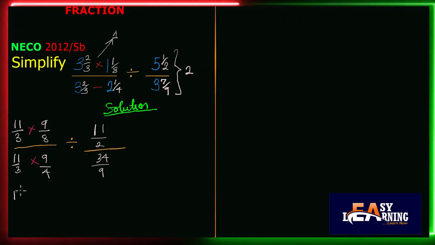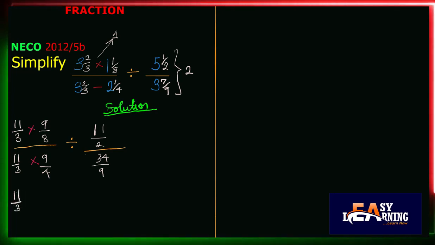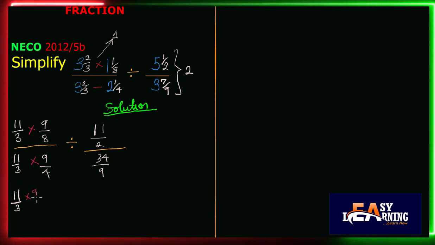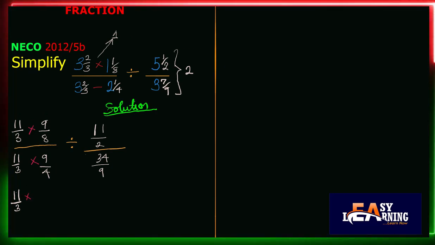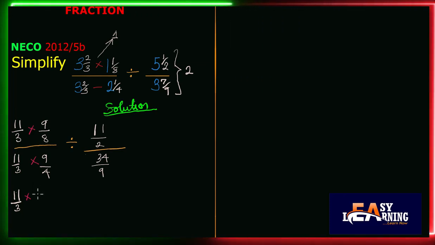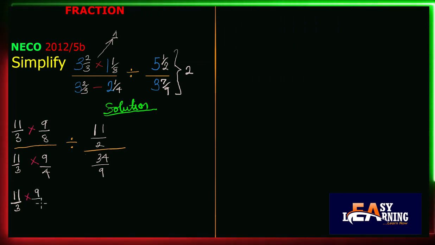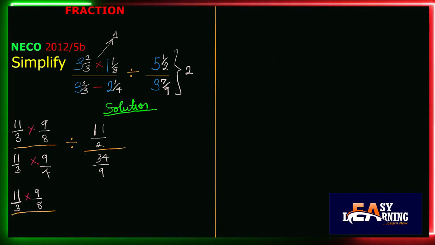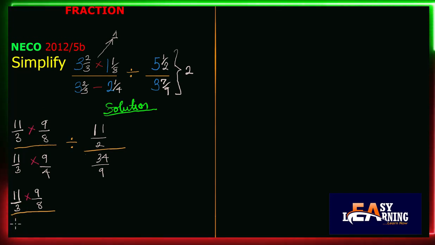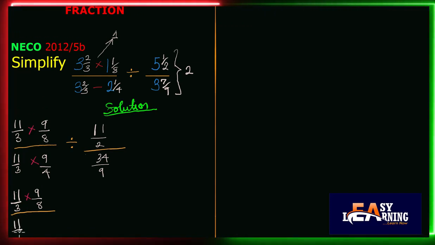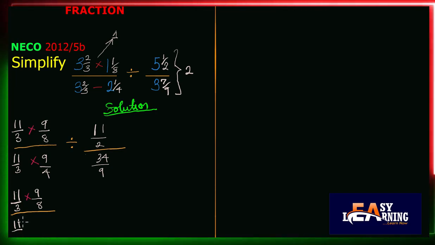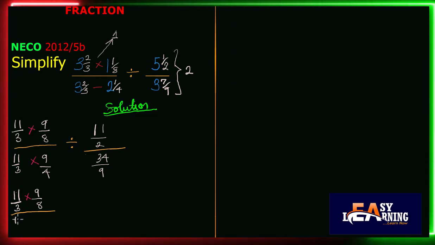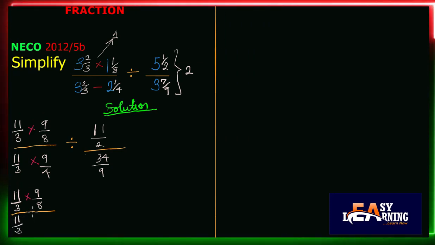The mixed fractions. 11 over 3 times 9 over 8, and then everything here divided by, this is what we're going to have now: 11 over 3. Is my 3 visible? Okay. We have it here. 11 over 3. Much better.